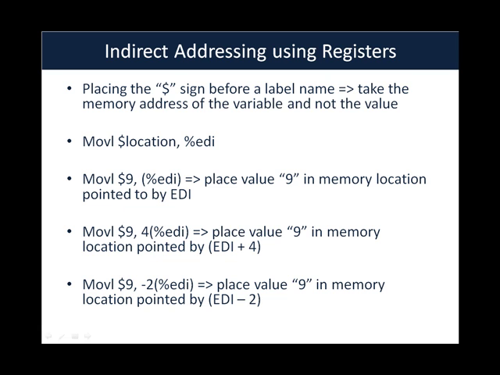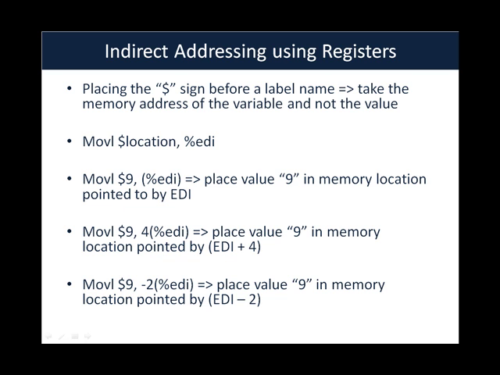Similarly, if you want to copy values at an offset from a particular memory location, how would you do it? In this case, one needs to prefix the bracket and the register with that offset.